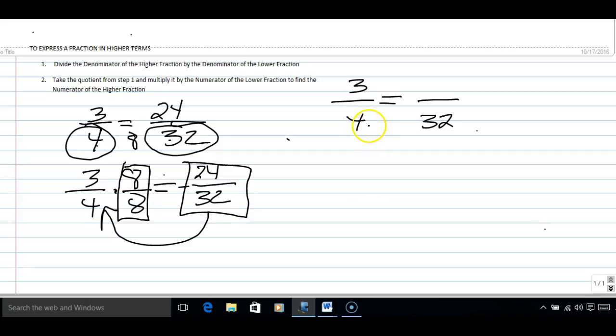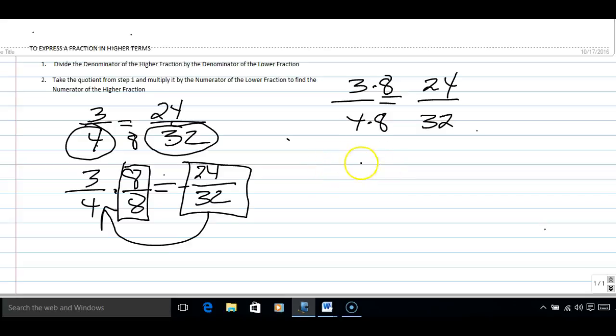Well, the answer is 8. I'd have to multiply 4 by 8 to get 32, so that means I've got to multiply the numerator by the same thing. 3 times 8 is 24. So either way you want to take a look at that, you may interpret it either way. So let's look at another example.